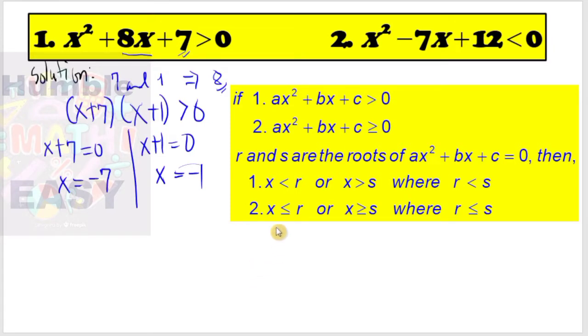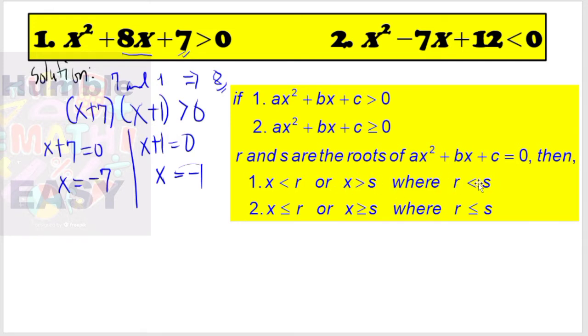If the quadratic expression ax squared plus bx plus c is greater than 0, or greater than or equal to 0, and r and s are the roots of the quadratic equation ax squared plus bx plus c equals 0, then the solution set is x is less than r, or x is greater than s, where r is less than s.